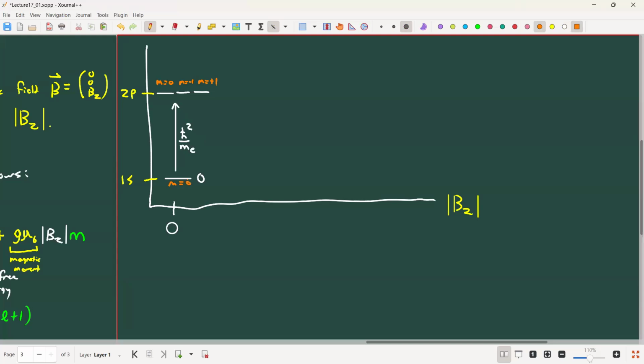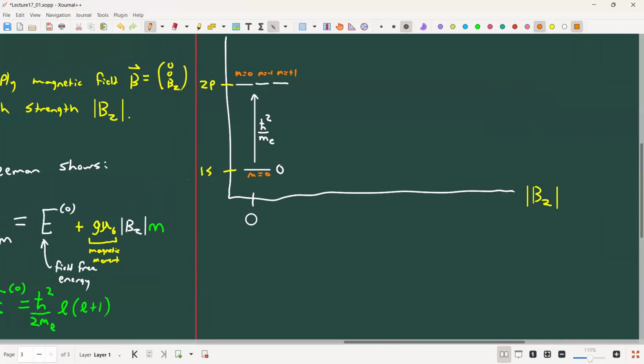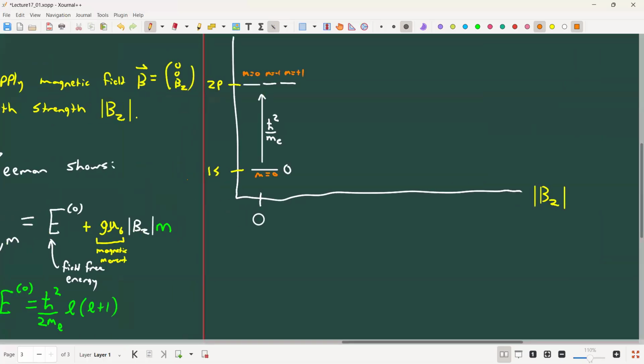So as you turn the field on, the base energy of these orbitals gets modified by how strong the field is. The states are going to start splitting out based on their m values.